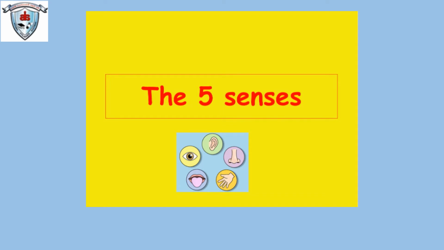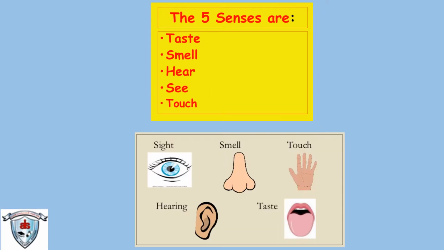So as I said, we are going to talk about our 5 senses. Let's see what are our 5 senses. These are our 5 senses. These are sense of taste, we taste with our tongue.